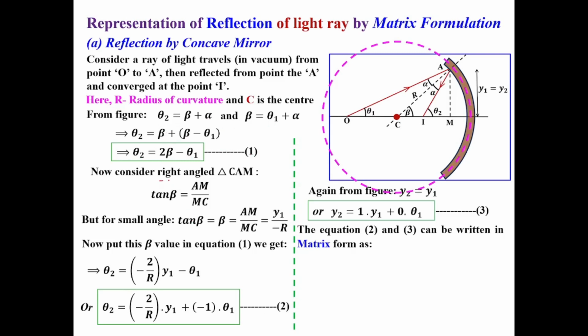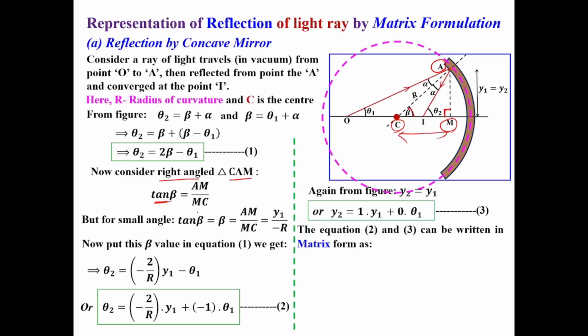Now consider the right angle triangle CAM. Here this is C, this is A, this is M, and this is 90 degrees. For this triangle, tan beta will be AM by MC, the height AM over this distance.